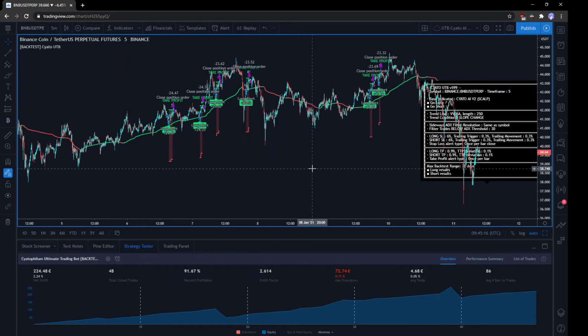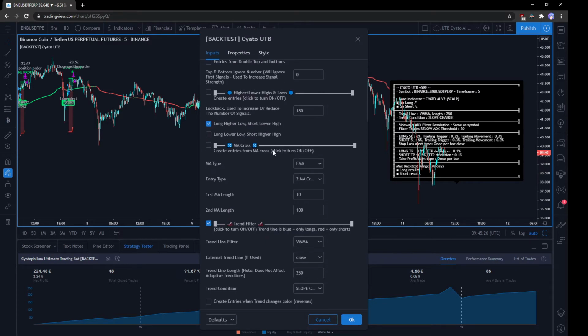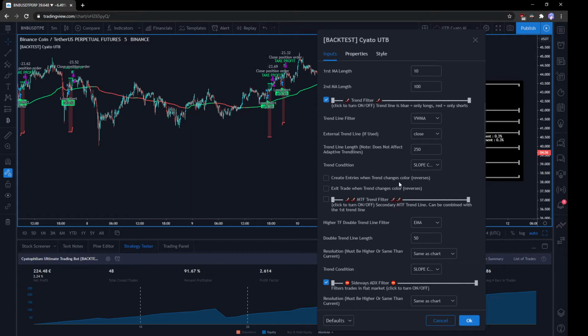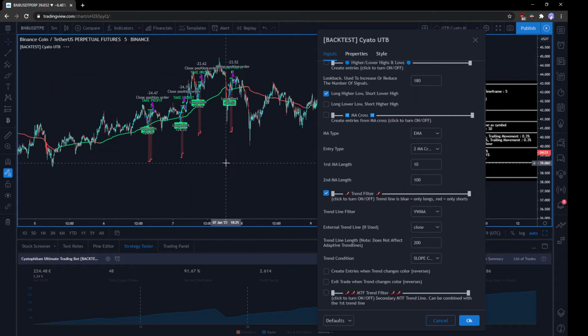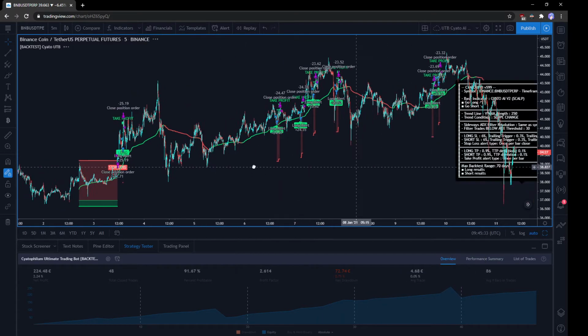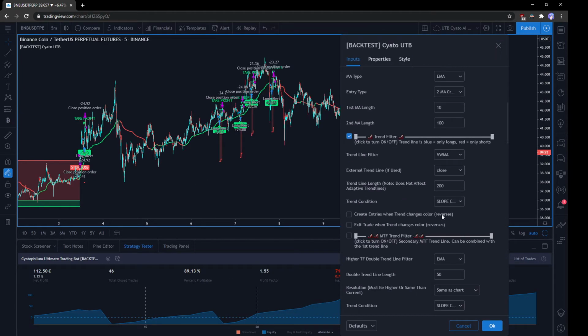And it works. But I would like to see a little more trades, perhaps, by reducing the length a bit. I don't want to fine-tune too much, to overtune the settings. I just want to see if we can get more trades. No, it doesn't work.